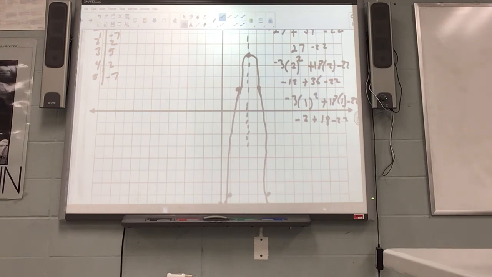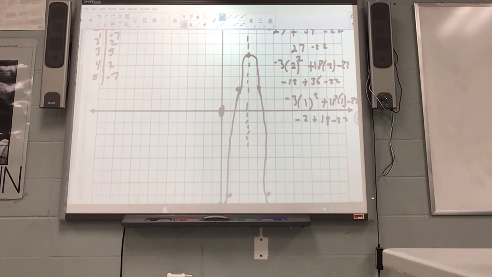Now, I wanted to hurry and get caught up with y'all because you were already talking about your shading. I can pick this point 0, 0 because my parabola didn't touch it. That's outside of the parabola. So when I plug 0, 0 into the original equation, if it makes it true, I'll shade outside. If it makes it false, I'll shade inside.